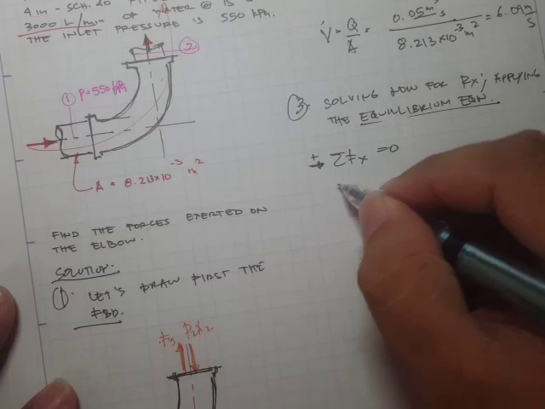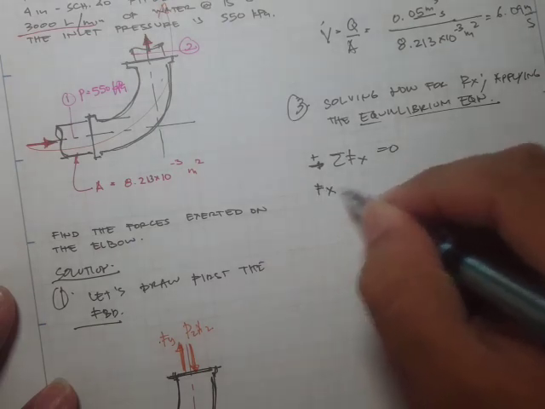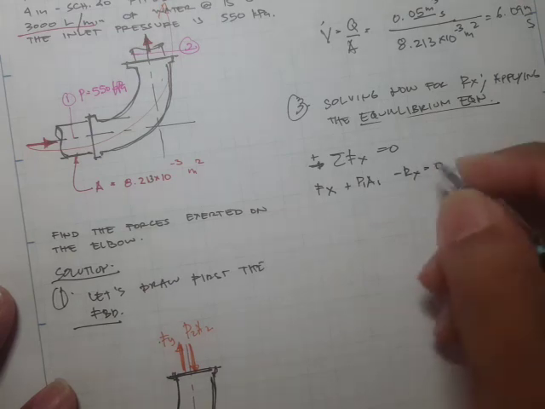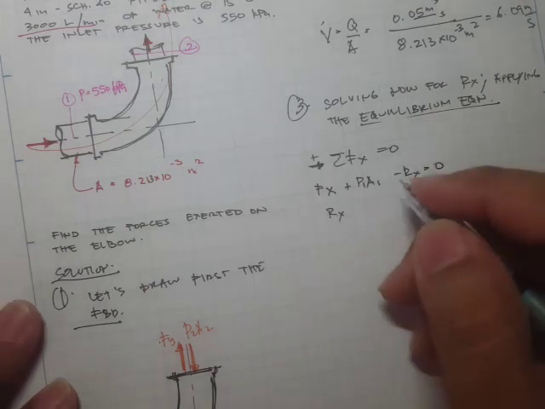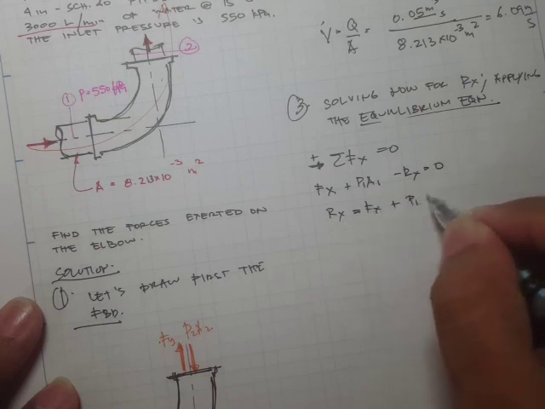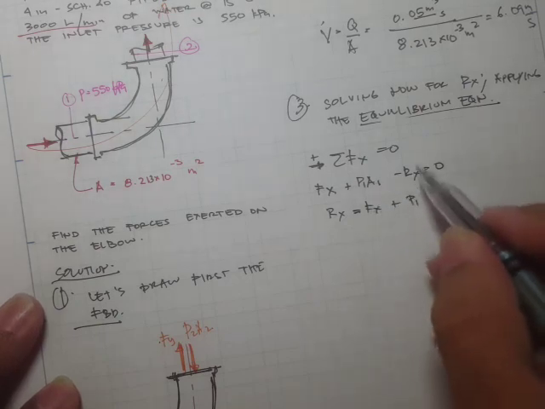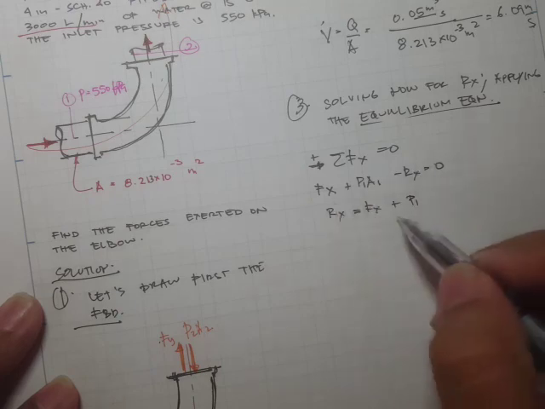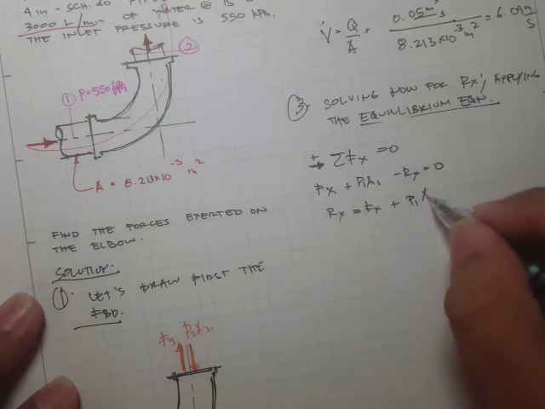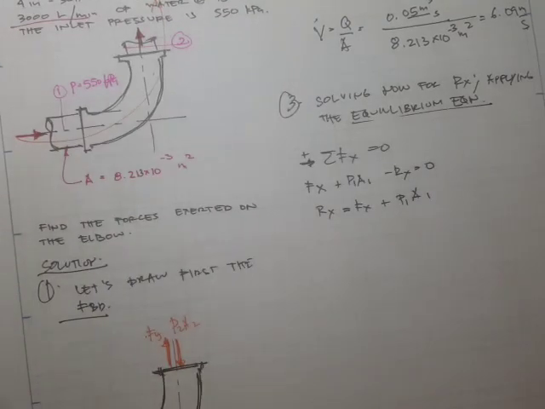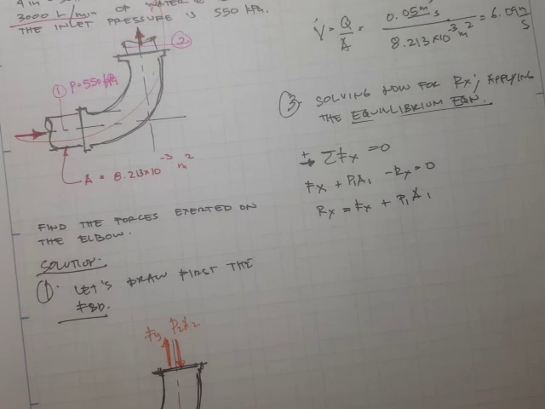We'll write here Fx plus P1 A1 minus Rx is equal to 0, and Rx is equal to Fx plus P1 A1. Okay, so I guess we'll continue this problem in the next video.